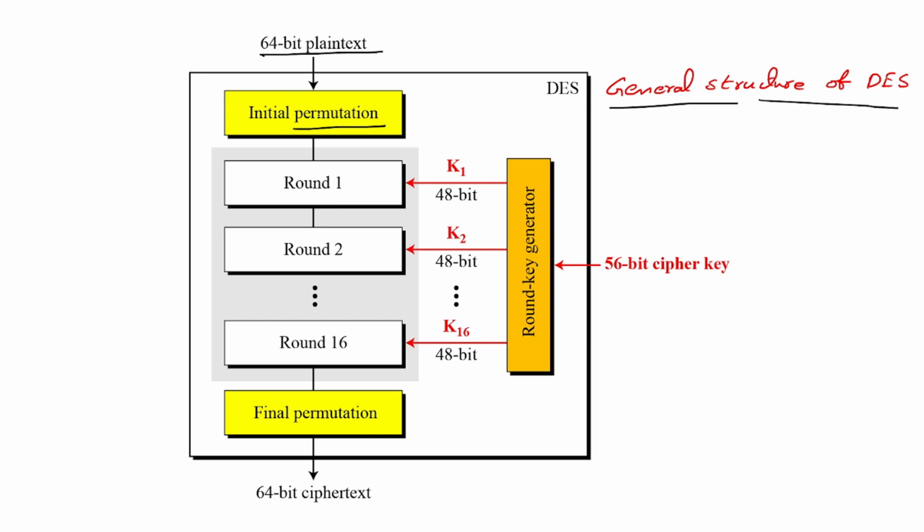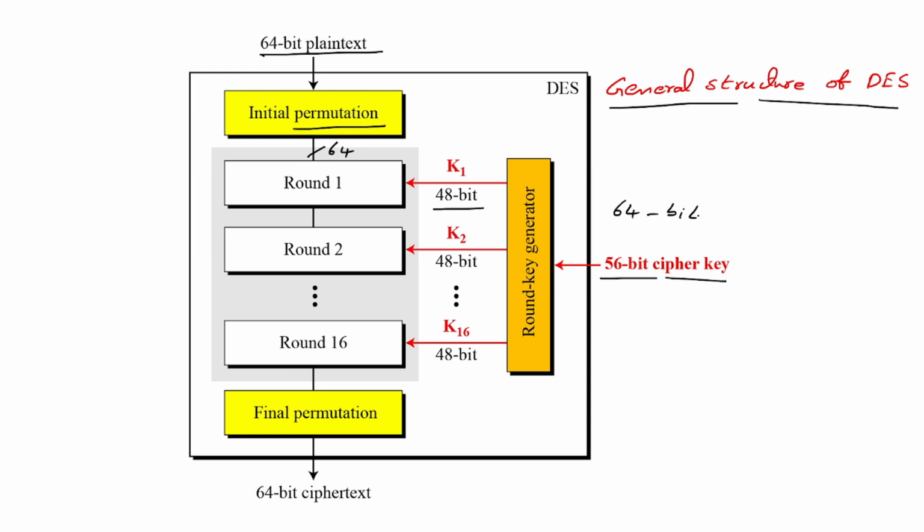After that we give the output of the initial permutation to round 1. The output is also 64 bits. We need to give 2 inputs to every round: the 64-bit data and a 48-bit key. The 48-bit key is generated by the round key generator, which takes the cipher key as input.